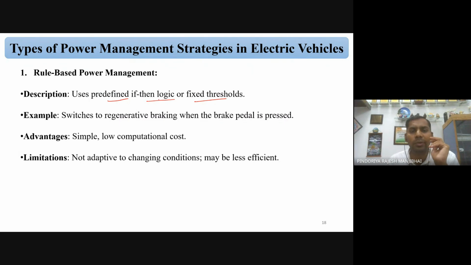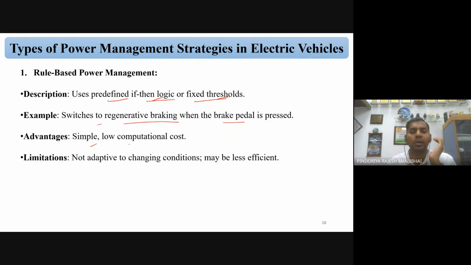Example, switch to regenerative braking when the brake pedal is pressed. Okay. So in simple language, suppose you want to pass, then you have to study. It is the same. So that is a rule base, otherwise we can say condition base.